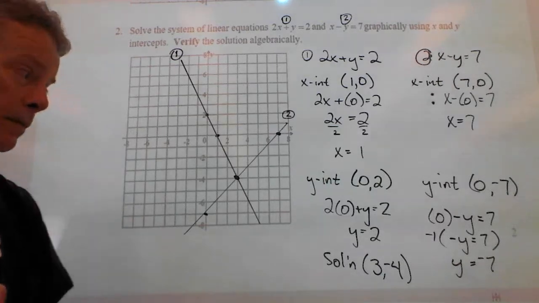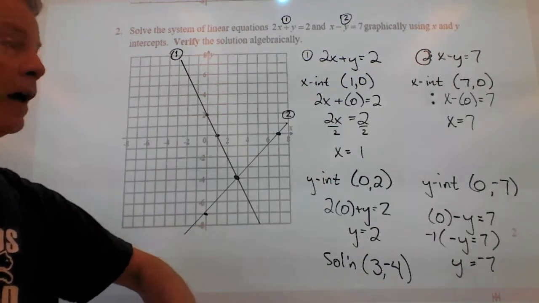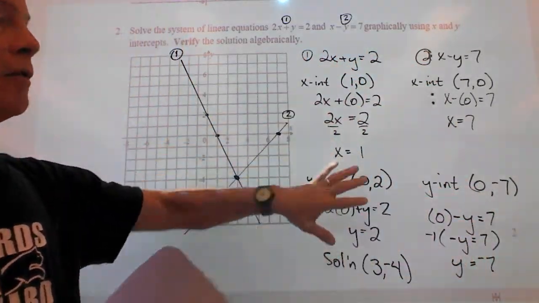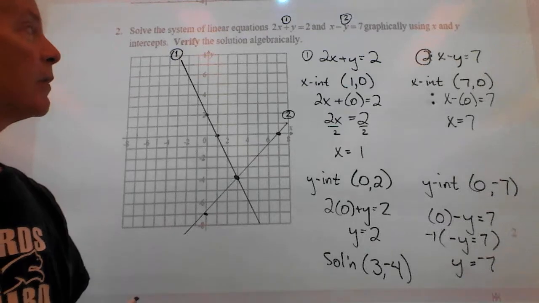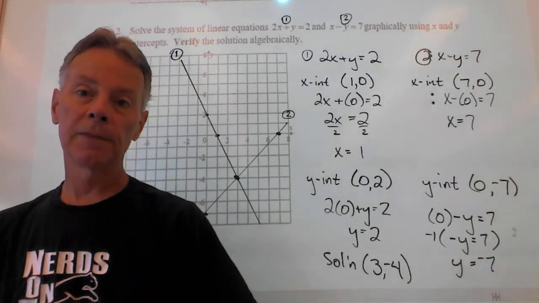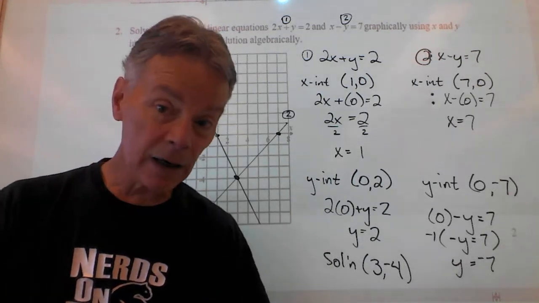Now, if you want to know whether this is indeed the solution, and you didn't maybe make a mistake somewhere in here figuring out your x and y intercepts, you can verify the solution algebraically. Okay? Now, that sounds a lot scarier than it really is.